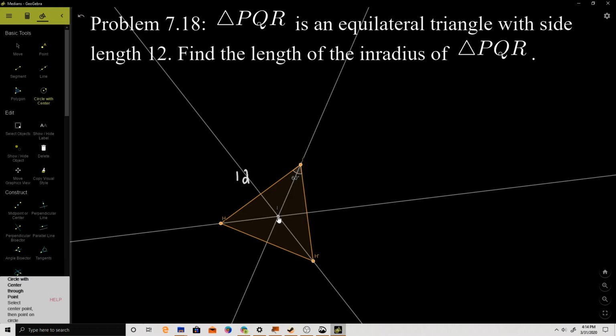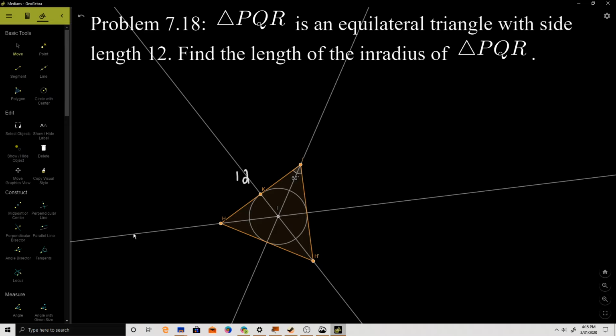So, circle with center tool, center at I, and we get just about at those points there. So we get the following diagram.